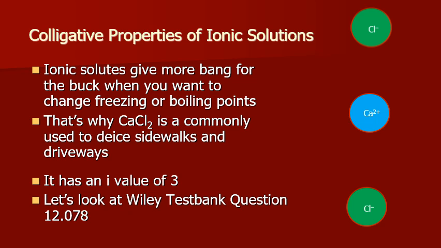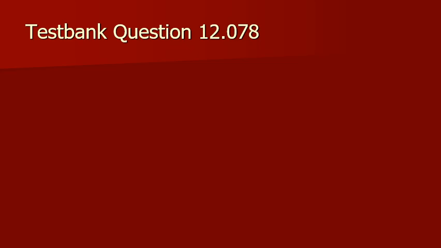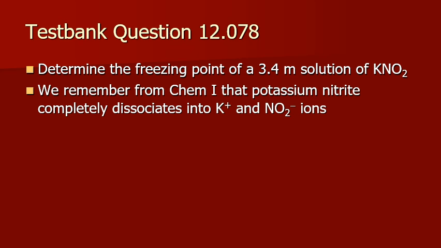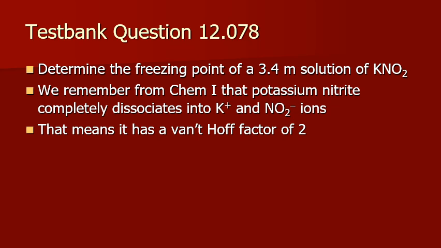So let's look at our example problem, Wiley Test Bank question 12.078. This problem asks us to determine the freezing point of a 3.4 molal solution of potassium nitrite. We remember from Chem 1 that this ionic compound dissociates into potassium ions and nitrite ions, NO2-.